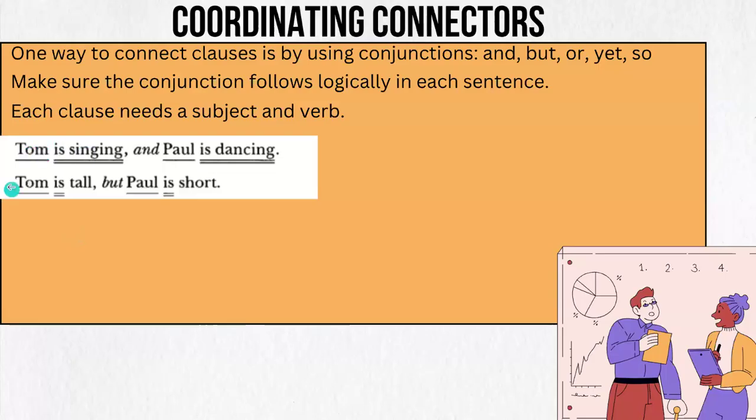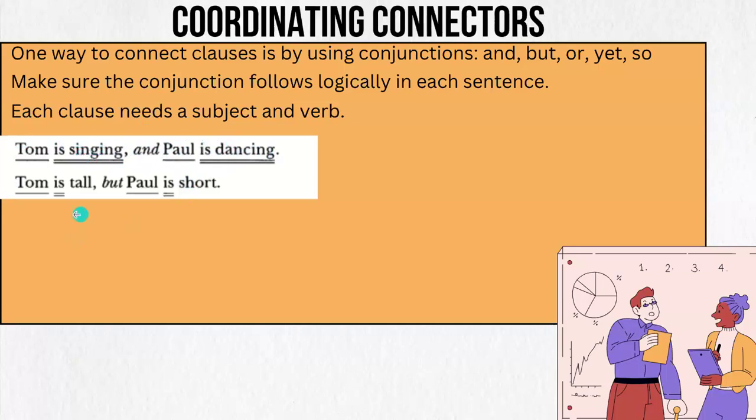Tom is singing, subject with verb. Paul is dancing, subject and verb. And they are joined with the coordinating conjunction and. This sentence is coherent and is balanced because it's describing abilities, what they're doing or practicing. One is singing, one is dancing.